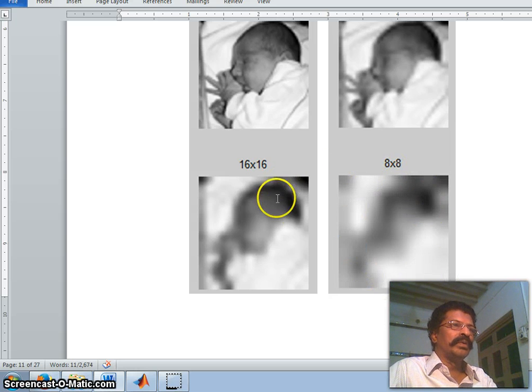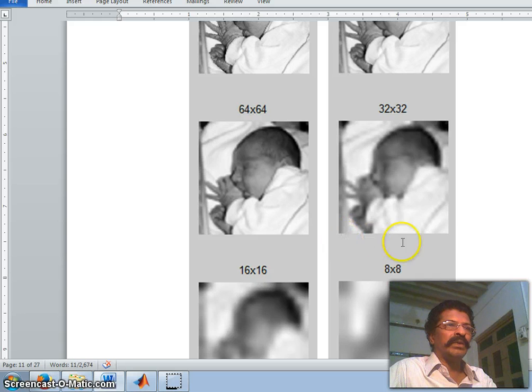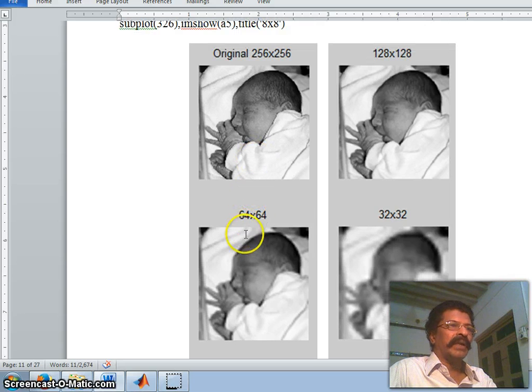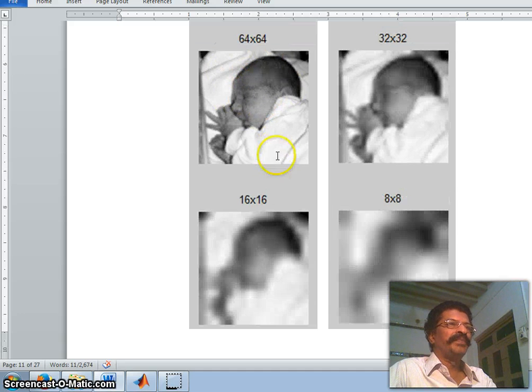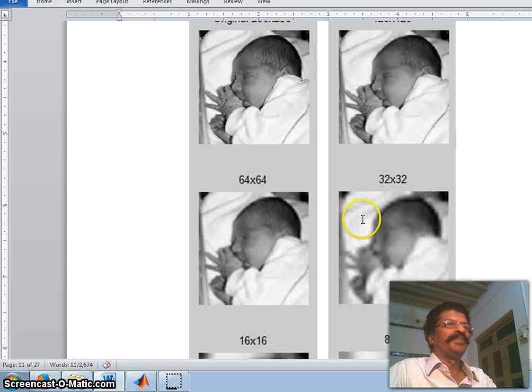If we improve to 16, the image is still very poor. And if we make it 32 by 32, the image has jerks, that is, it has shades. Likewise, if the resolution is increased to 64 by 64, we can make out the image. The higher the resolution, the finer the quality of the image. The poorer the resolution, the more difficult it is to make out the image.